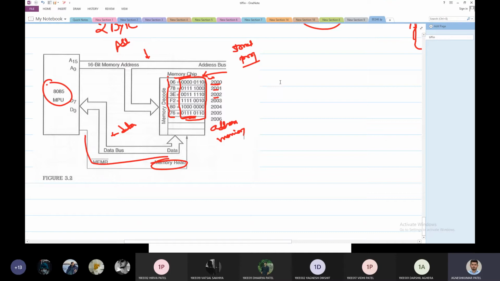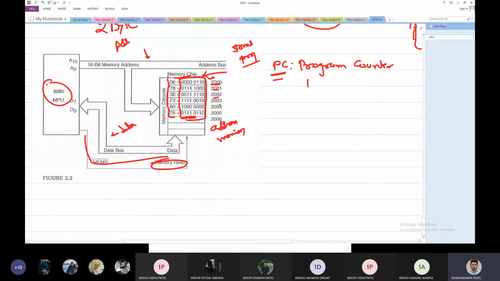Now, how the internal thing works, like how program execution takes place inside 8085. So first of all, to understand that, I must explain what is PC, also known as the program counter. What is a program counter?